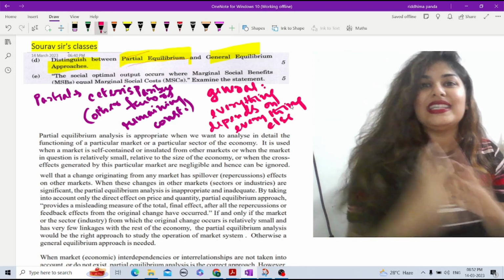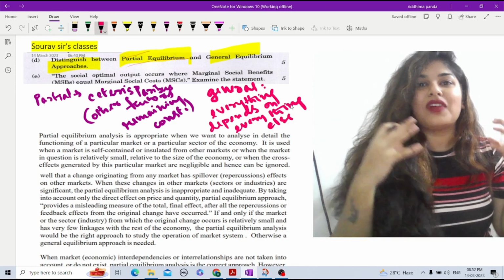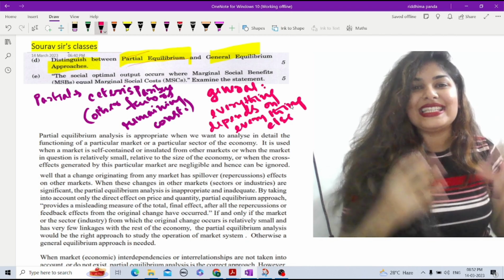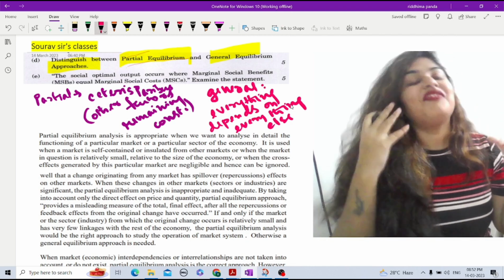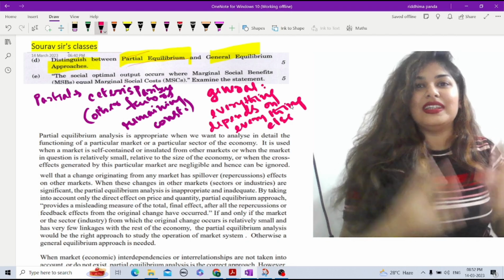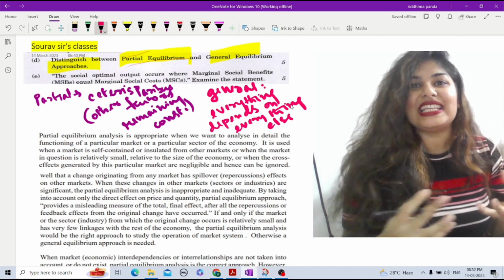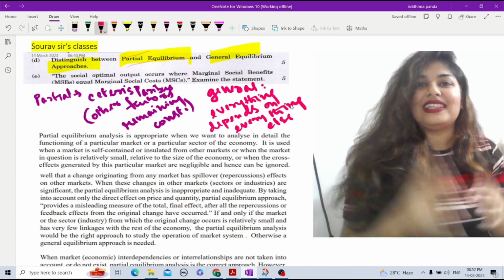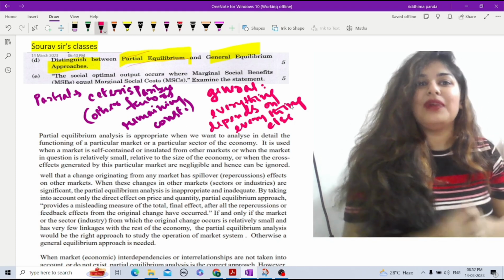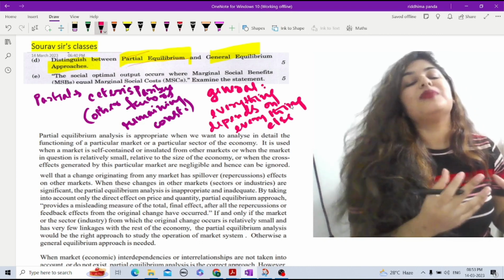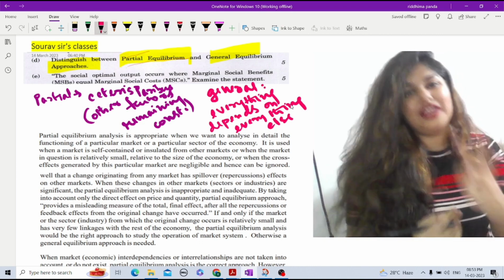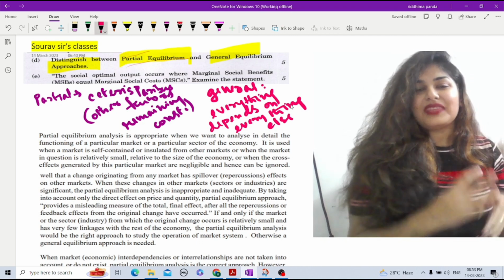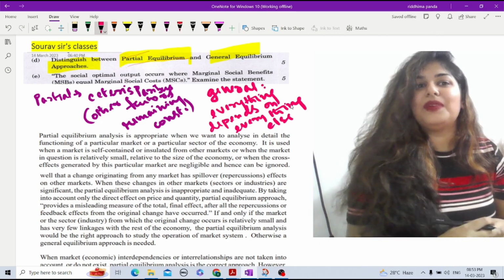So it is a simultaneous process of considering all the influences. That is, here the markets or the factors that are dependent. So here the markets are interdependent, linked, and everything influences everything other. So that is our general equilibrium approach. And ceteris paribus, where we only study the two variables while the remaining are constant, that is our partial equilibrium.